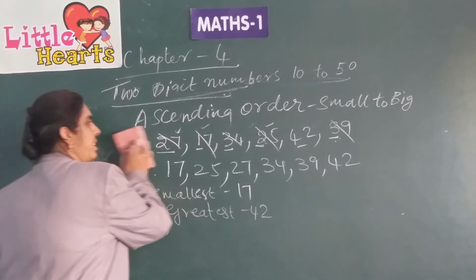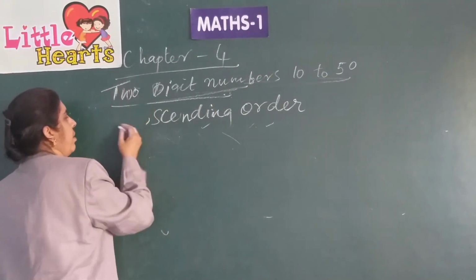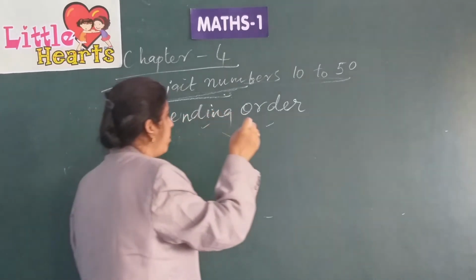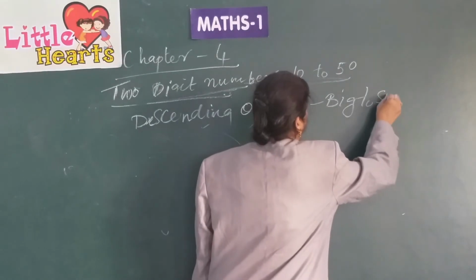And coming to the descending order now. Descending order is just reverse to this. We have to arrange the numbers from big to small.